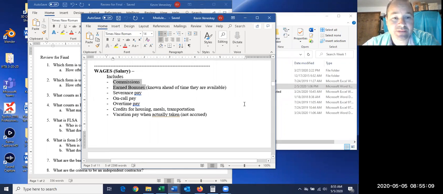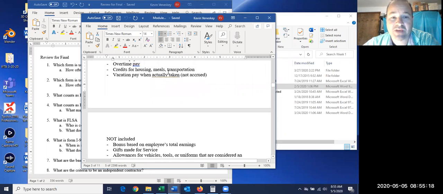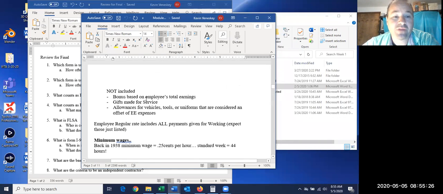Tips are taxed. If you make on-call pay or overtime pay, yep, all of that is taxed. Vacation time, when you actually get paid and you're not actually going into work, but you still get paid, yes, that's still taxed.